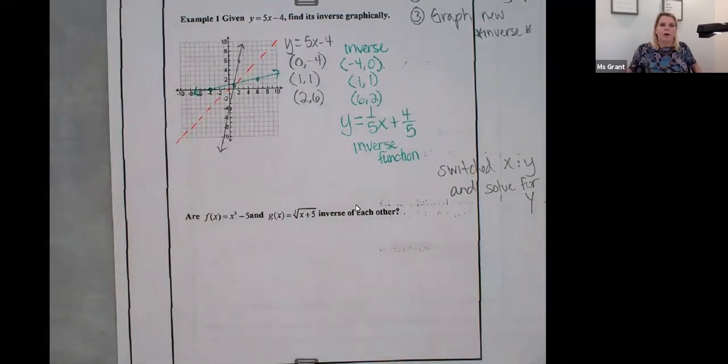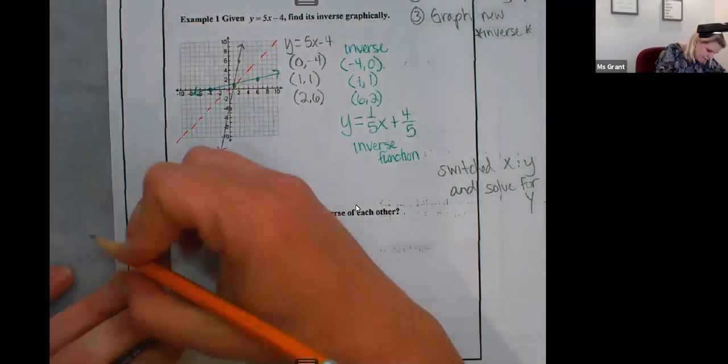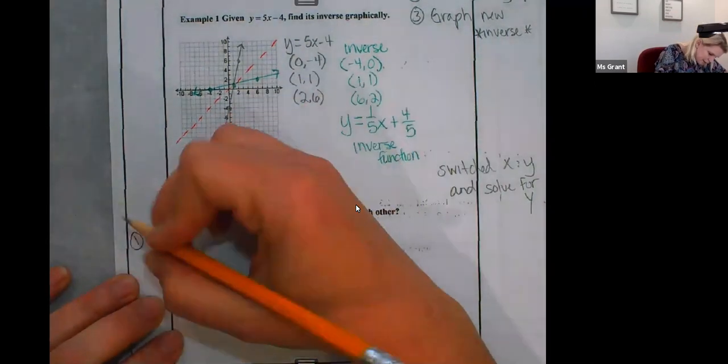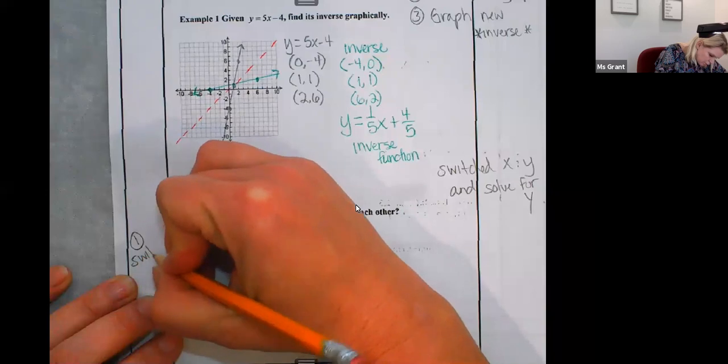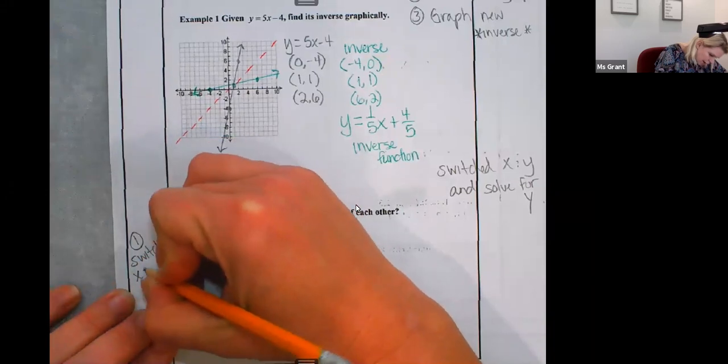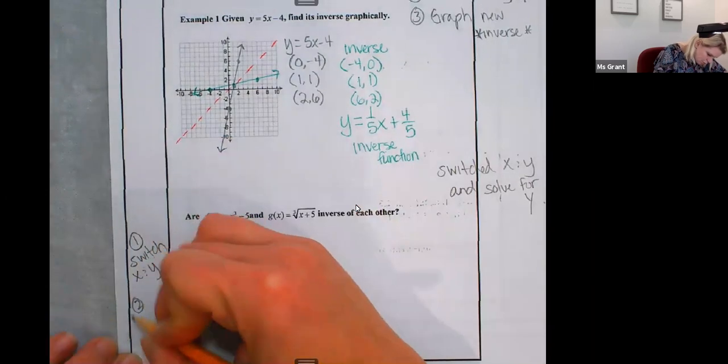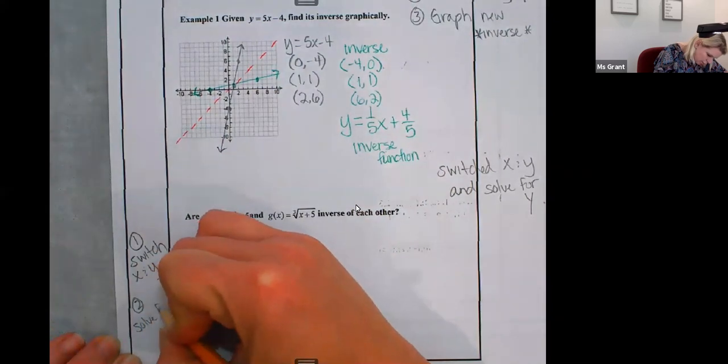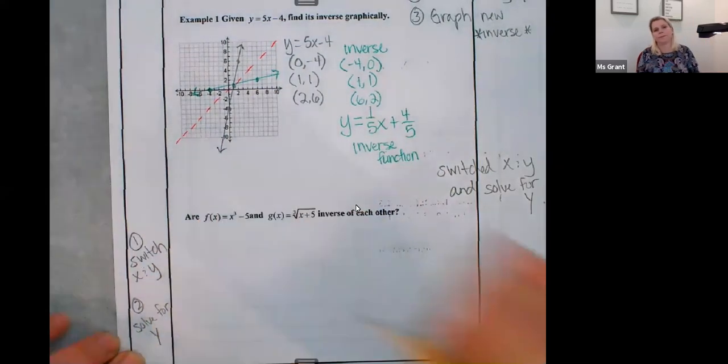So we're going to be asked not to graph this time, just looking at it. Are f of x equals x cubed minus 5 and g of x equals the cube root of x plus 5 inverses of each other? Here's how you find inverses of each other. Step 1, switch x and y. Step 2, solve for y.